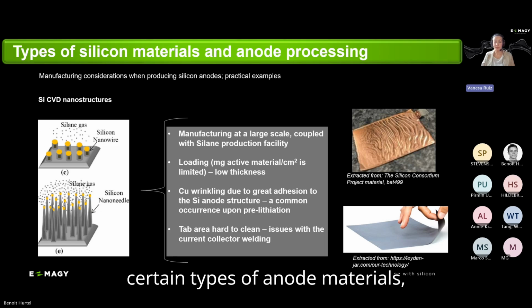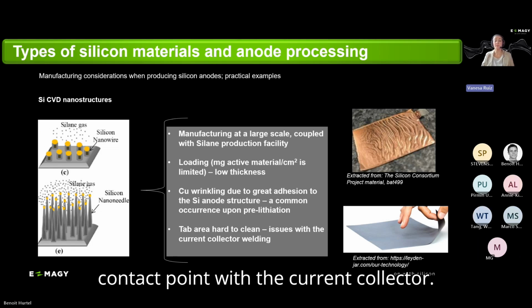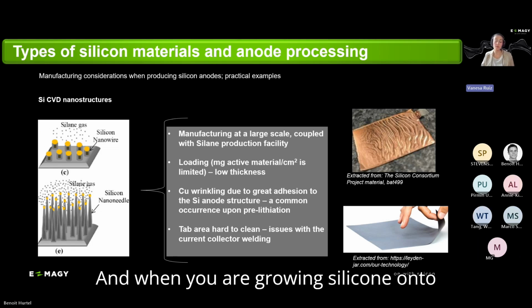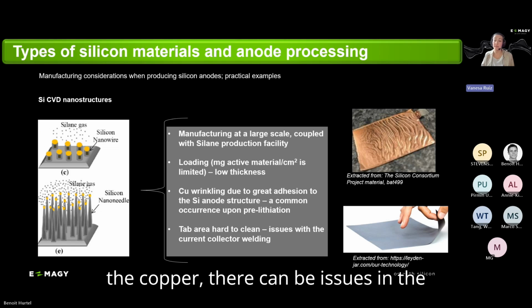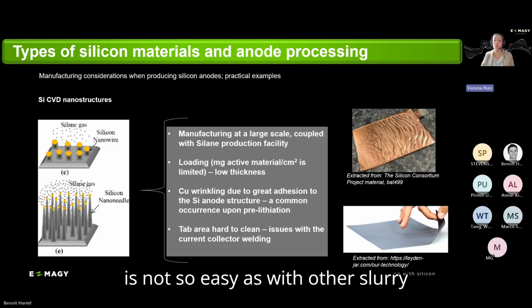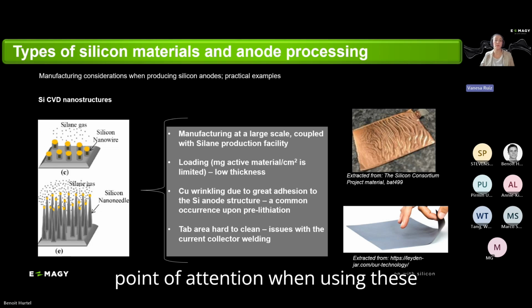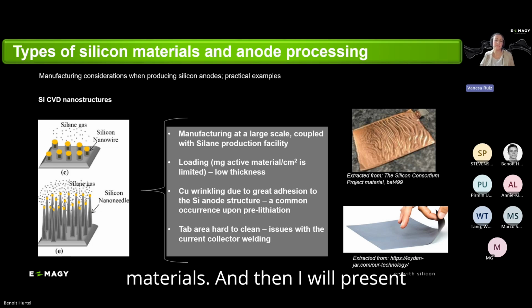For certain types of anode materials, it is critical as well to have a good contact point with the current collector. And when you are growing silicon onto the copper, there can be issues in the welding process. Cleaning the tab area is not so easy as with other slurry-type formulations. So this is another point of attention when using these materials.